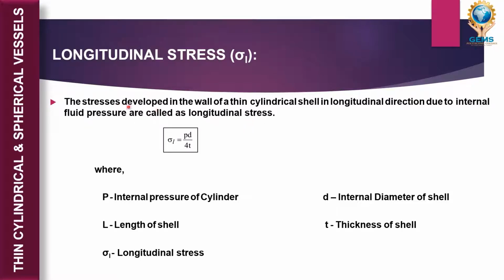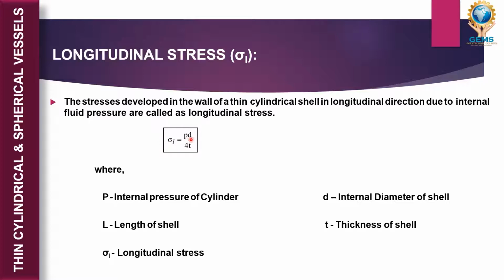As I told you, if we put fluid with a pressure in the cylinder, the stress developed in the wall of the cylinder in the longitudinal direction is called longitudinal stress.